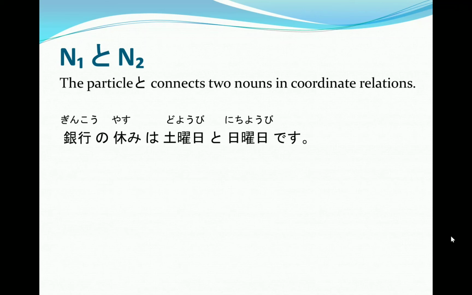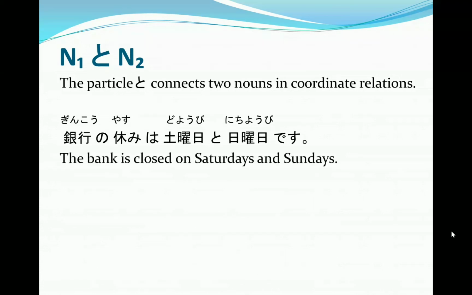Okay, let's try this one now. 銀行の休みは土曜日と日曜日です。Again, 銀行の休みは土曜日と日曜日です。In English, the bank is closed on Saturdays and Sundays. Now, seeing the English translation, can you guess what is the English counterpart or English translation of to?